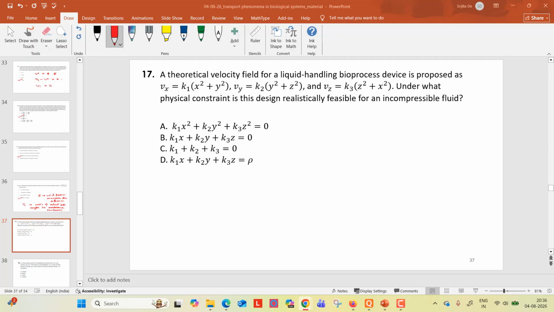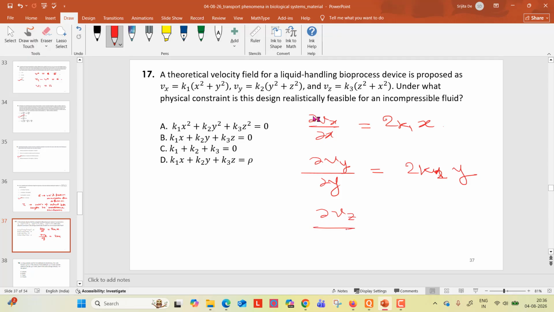Okay, so del Vx del x equals 2k1x, del Vy del y equals 2k2y, del Vz del z equals 2k3z. So it will be k1 x plus k2y plus k3z. If we just add all these things, it will be just option B.